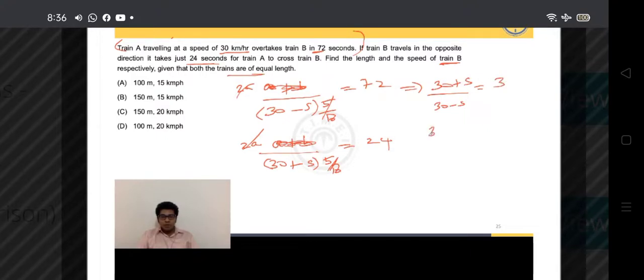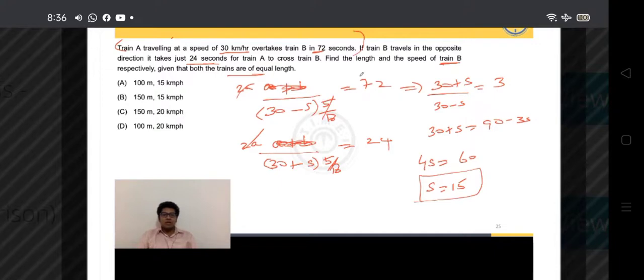Now 30 plus S equals 90 minus 3S. So 3S comes this side, 4S. 30 goes that side, 60 minus 30. Therefore S equals 15. Now I know S is 15.